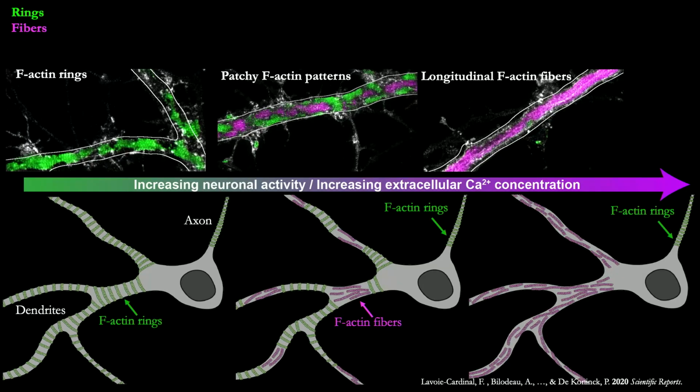And that allowed us to make this model of the remodeling of F-actin in dendrites, which is not observed in axons, by the way. The axons were quite stable in that study.